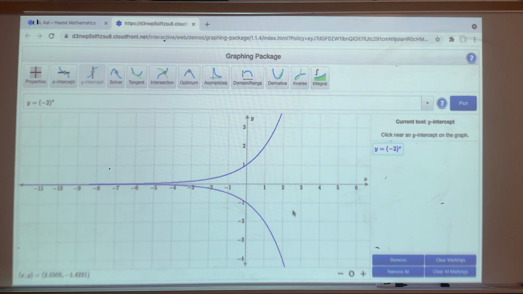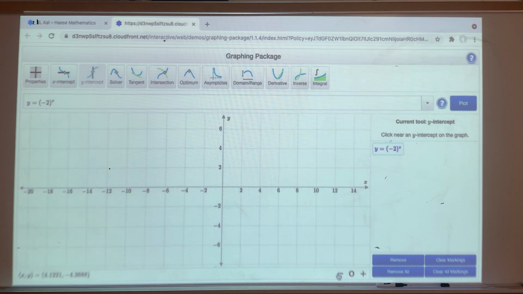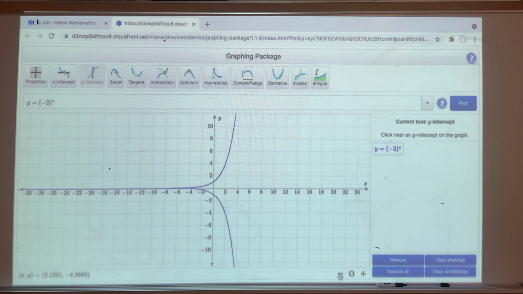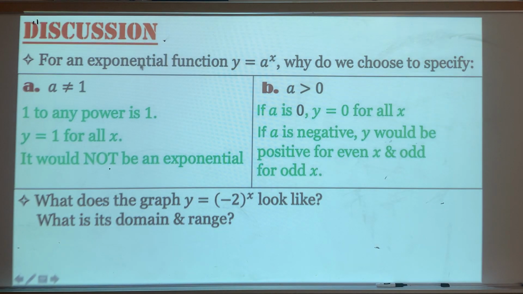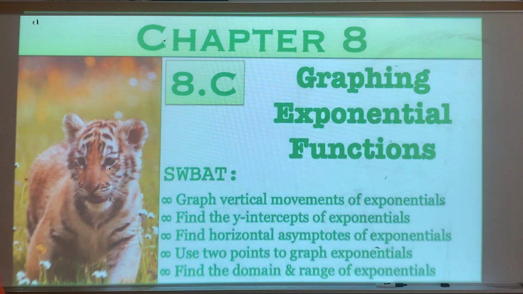Got it? So negative 2 squared is 4, or negative 2 cubed can also be negative 8. See that cool graph? It looks like it actually splits open. Anyway, we'll discuss that in class.